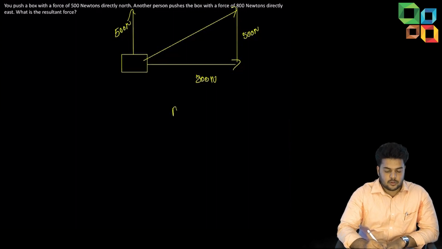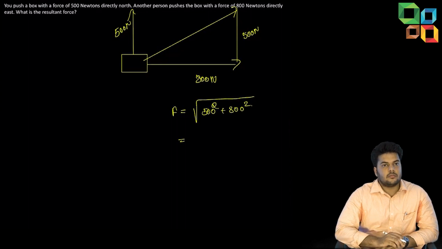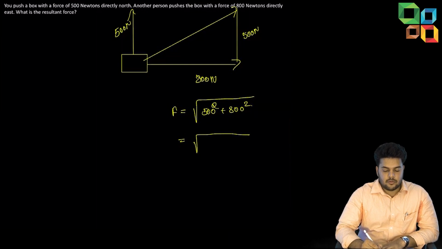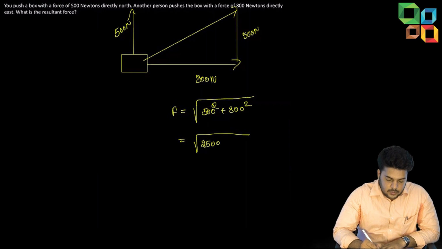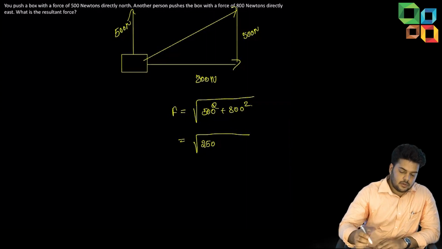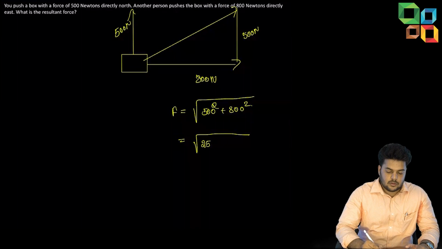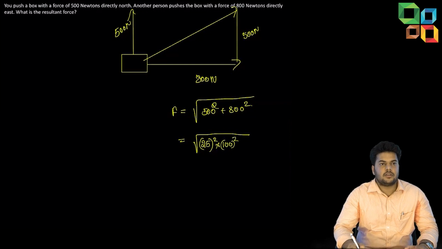So the magnitude of the resultant force will come out to be the square root of 500 squared plus 800 squared. So 500 squared is 250,000, four zeros. But it's not going to matter.